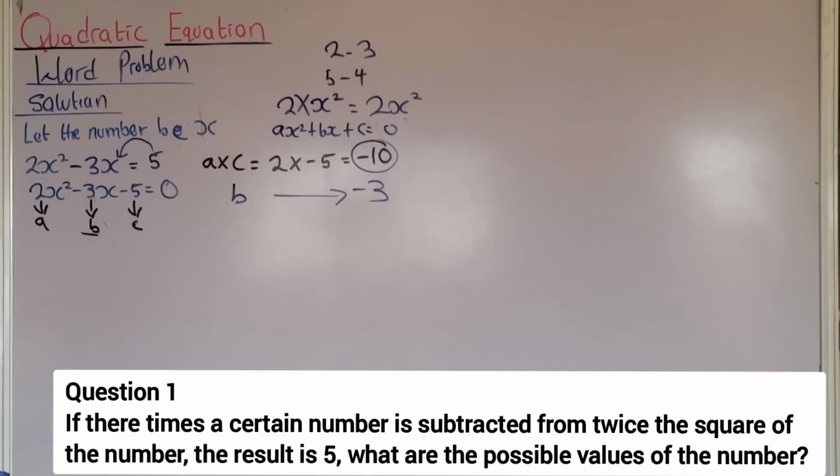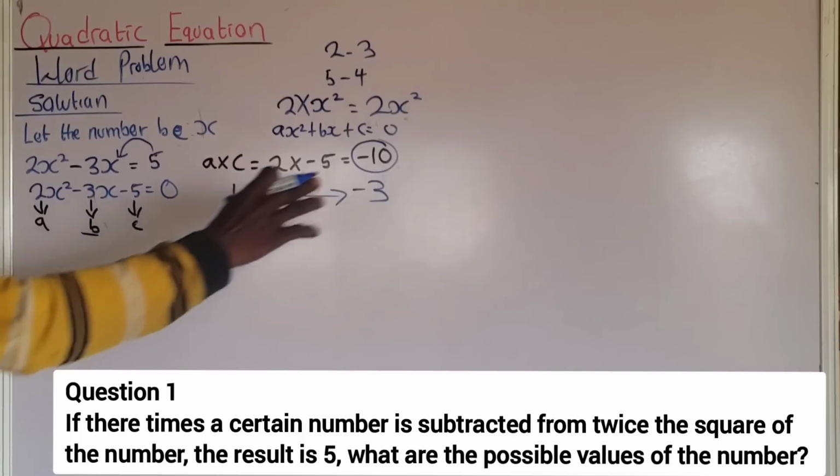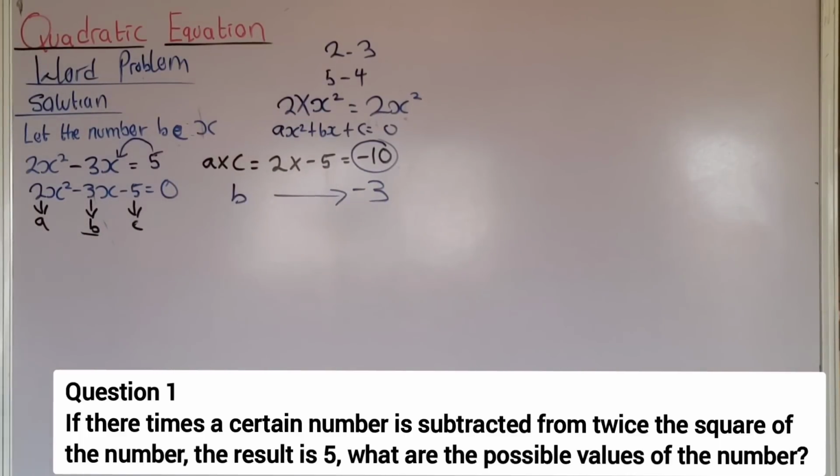Now, listen. Having gotten to this point, the next step is that you have to think of two numbers such that when you take the product of these two numbers, you are going to have negative 10, and if you add these two numbers together, you are going to have negative 3.